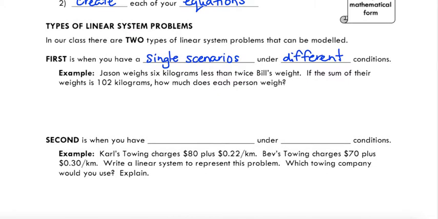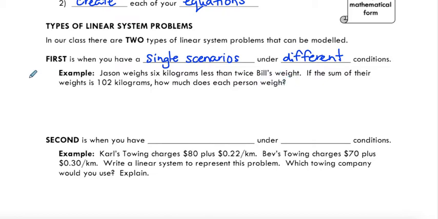For example, this example says that Jason weighs 6 kilograms less than twice Bill's weight. If the sum of their weights is 102 kilograms, how much does each person weigh? Well, we have two people, Jason and Bill. Those are the people that we are going to have to determine the weight for, because it says how much does each person weigh.